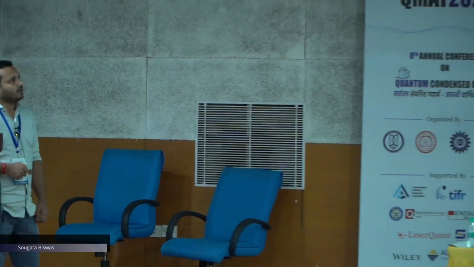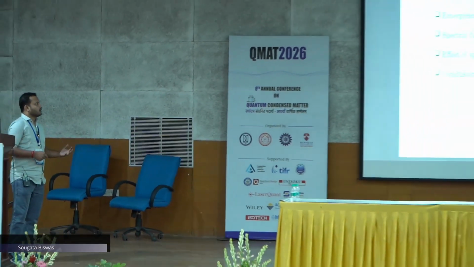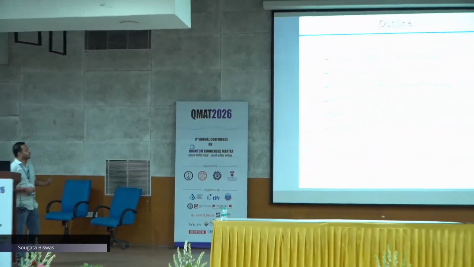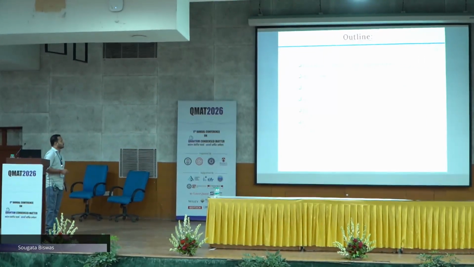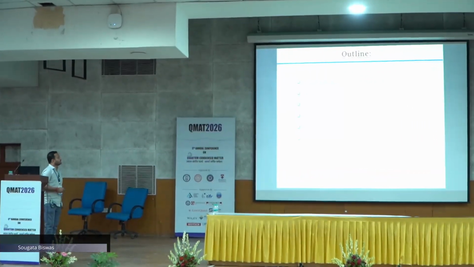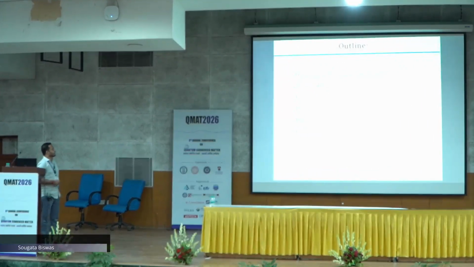Let me begin with a very brief outline of my presentation. First, I will introduce different types of magnetic orders, which provide the necessary background for realizing the different types of altermagnetic order.